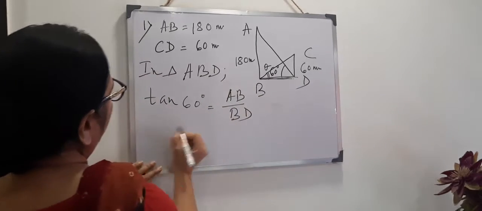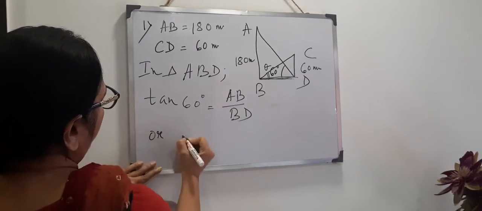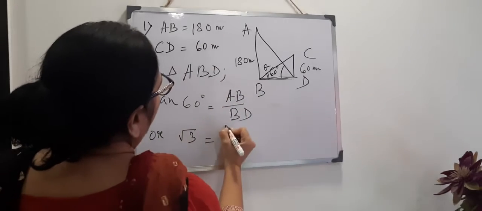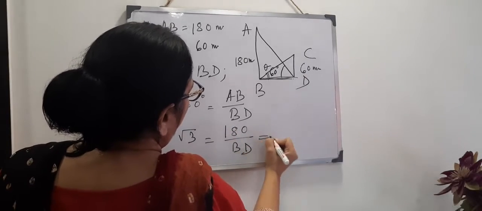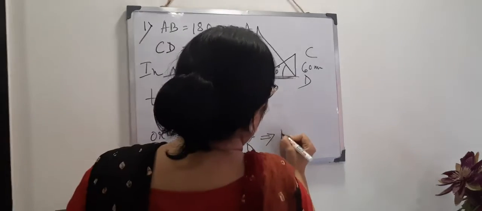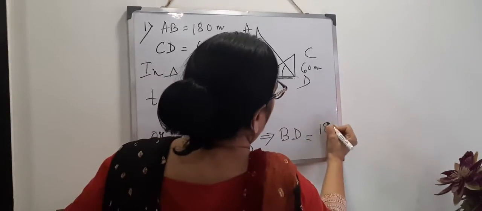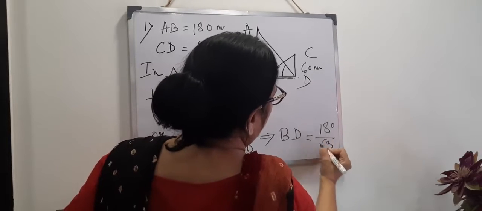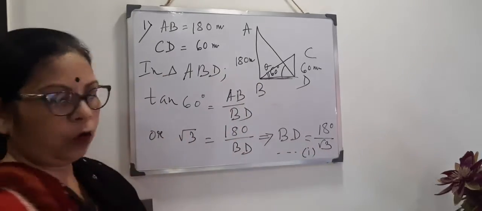So from here we know this AB is given 180 and tan 60 value you know root over 3 equals to 180 by BD. So from here BD equals to 180 by root over 3. This is my equation number 1.